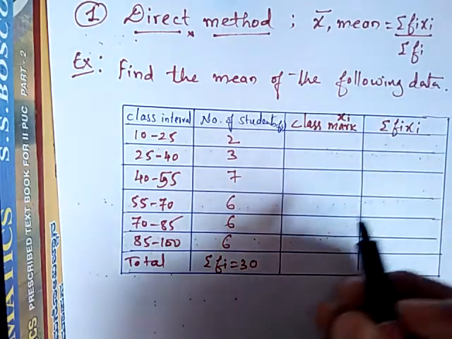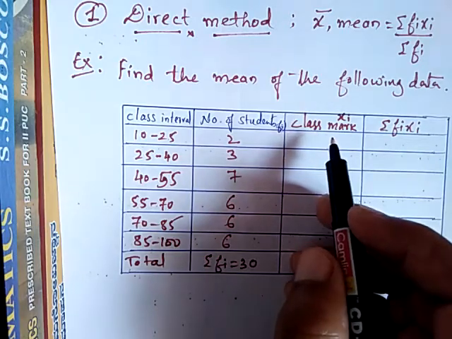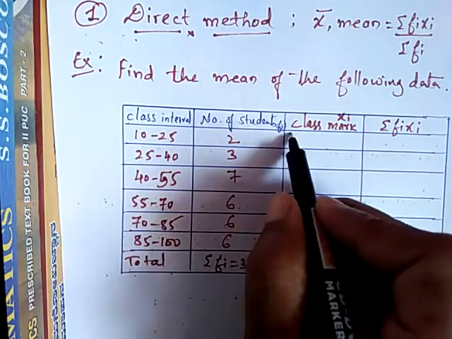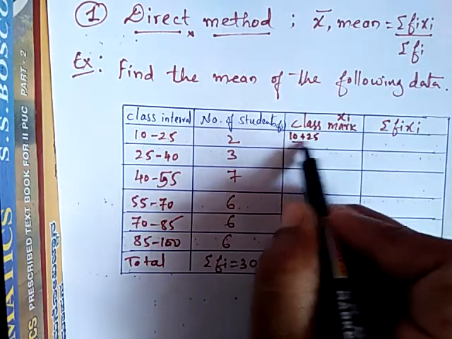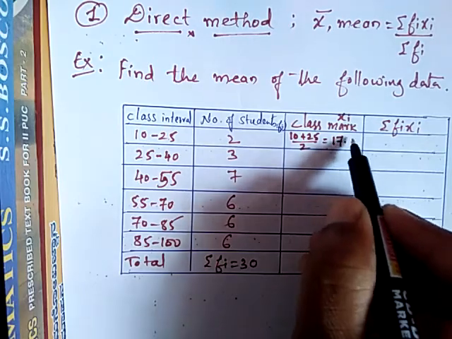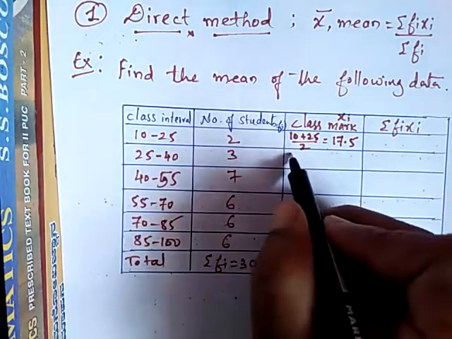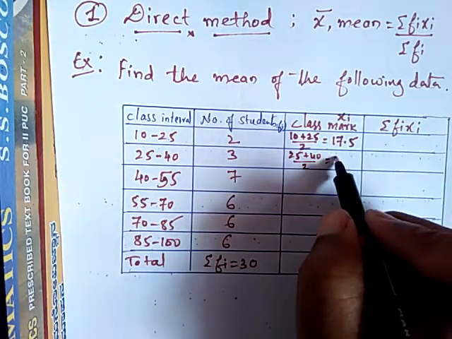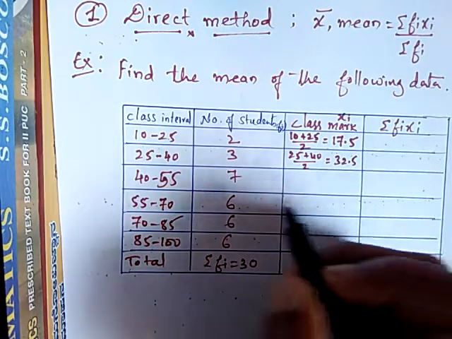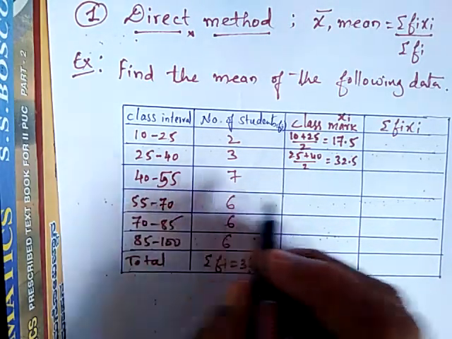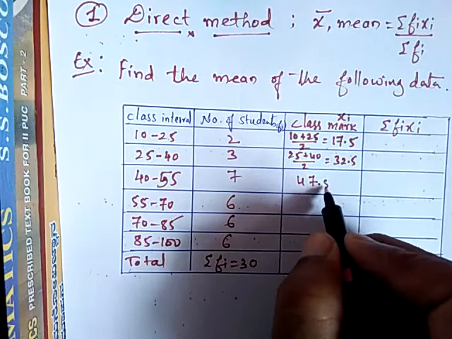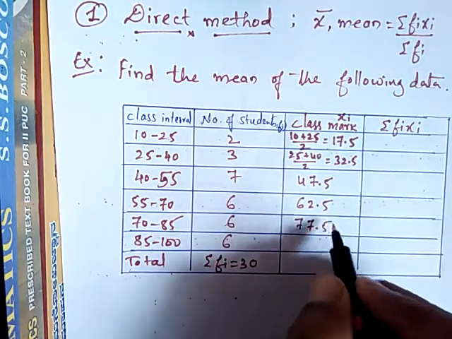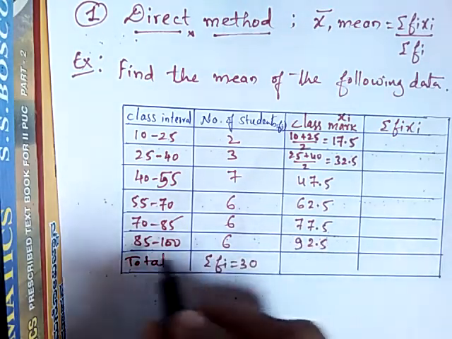I told you how to find the class mark. 10 plus 25 divided by 2 is 17.5. Similarly, 25 plus 40 divided by 2 is 32.5. And so on, 40 plus 55 divided by 2 gives 47.5, then 62.5, 77.5 and 92.5.